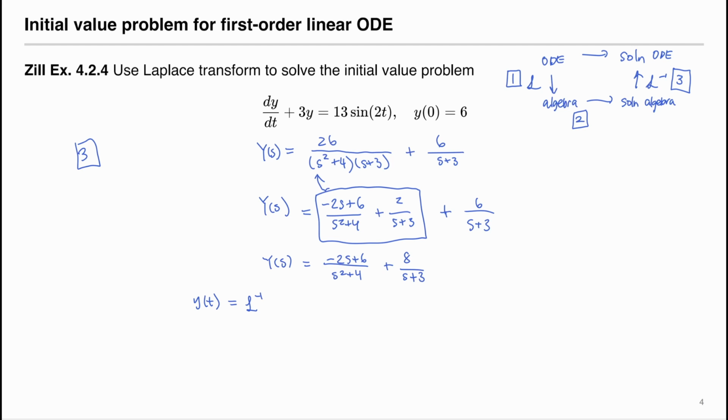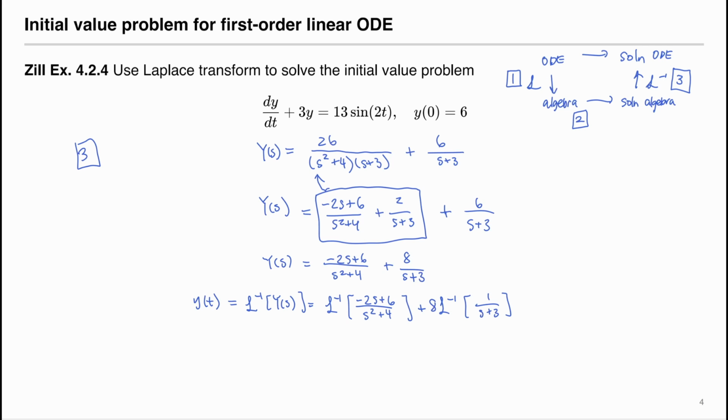perform inverse Laplace transform of Y of s, which is the inverse Laplace transform using the linearity property. We have (negative 2s plus 6) divided by (s squared plus 4) plus the inverse Laplace transform of 1 over (s plus 3) multiplied by 8, which is a constant.